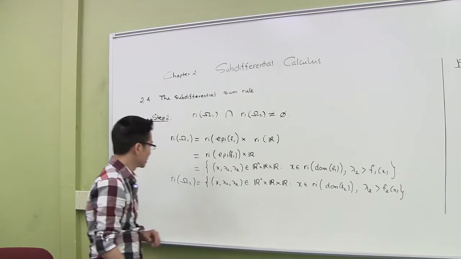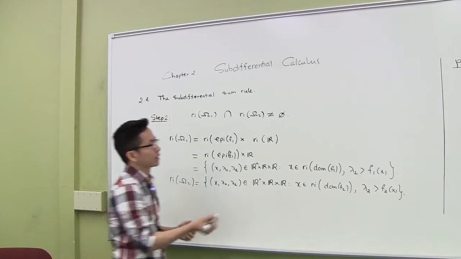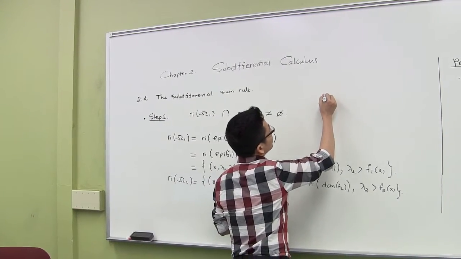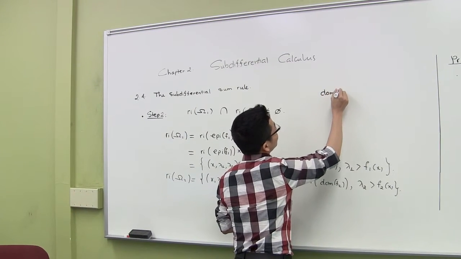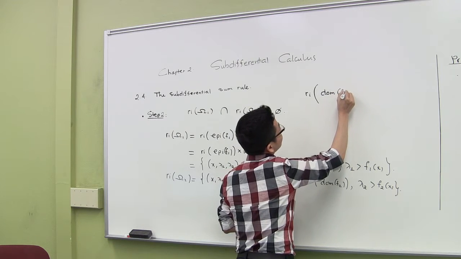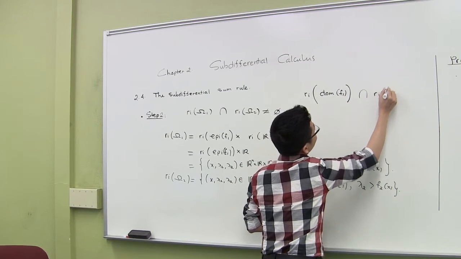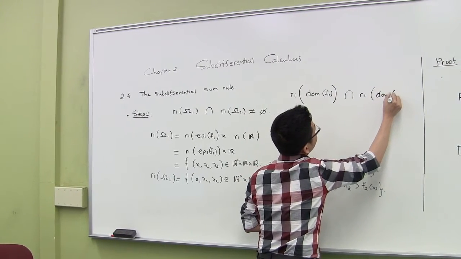Okay, and note that we have the following condition. This is the assumption of our theorem. The relative interior of the domain of the first function intersects the relative interior of the domain of the second function.